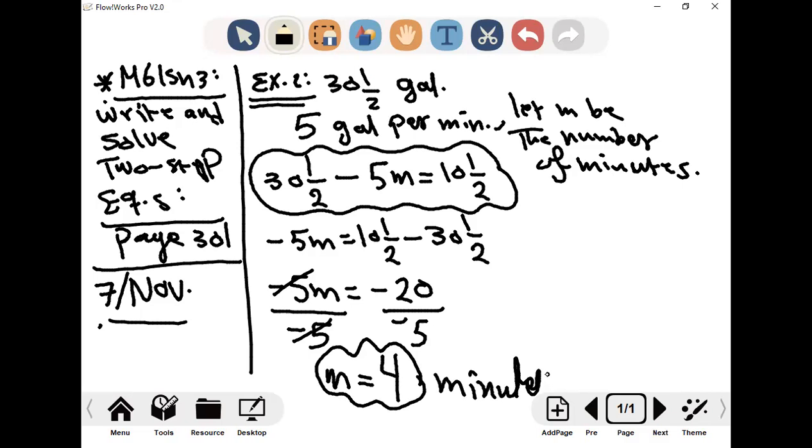Do it, and tell me how. Turn them into fractions, then do the steps and tell me how, okay? Yeah. So m is how much, guys? 4 minutes. How to subtract two mixed numbers? Let's go to the check after this example. Do it. 10.5 minus 30.5.